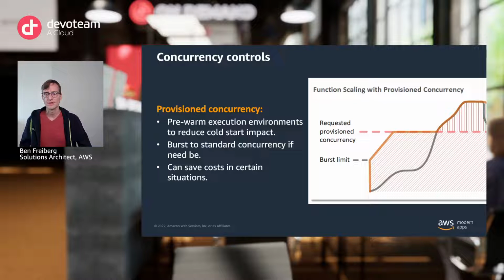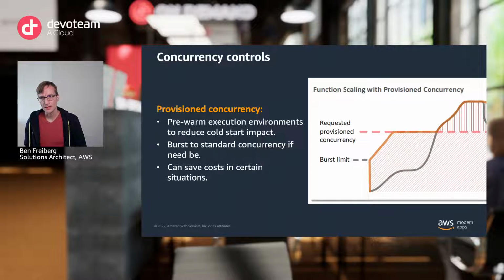So you have this pool of pre-warmed execution environments. If your traffic is within the requested provisioned concurrency, the service is able to scale immediately. After that, again, you are limited by the standard concurrency increase, so 500 per minute.